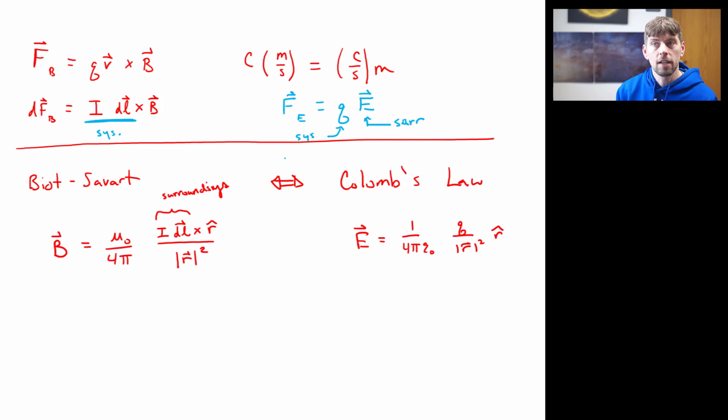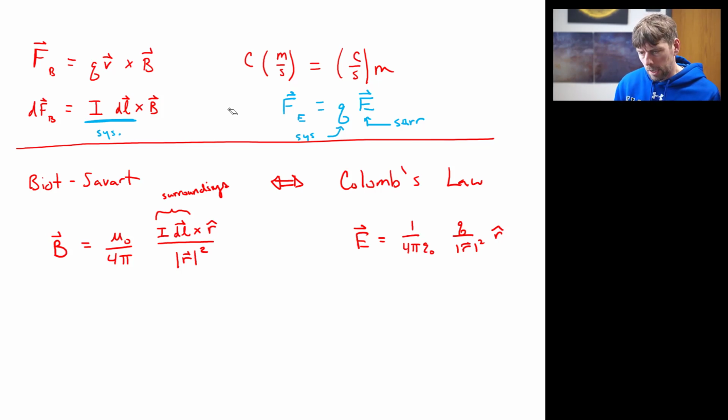The same thing happens when we're dealing with these forces due to magnetic fields. That's also partially why we do electric fields first: now that we've had some familiarity with how we calculate electric fields and use them to determine forces, it should feel somewhat familiar as we go into magnetic fields.